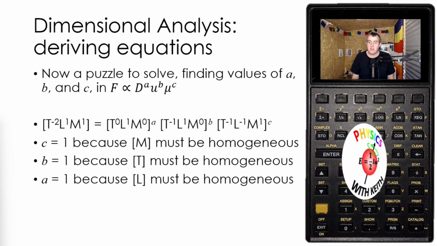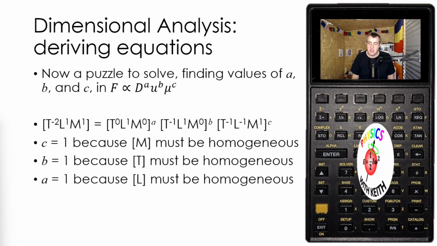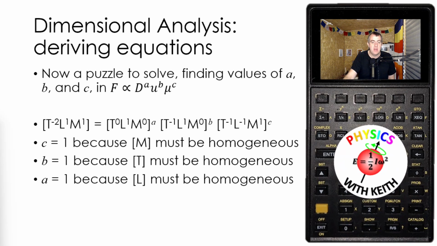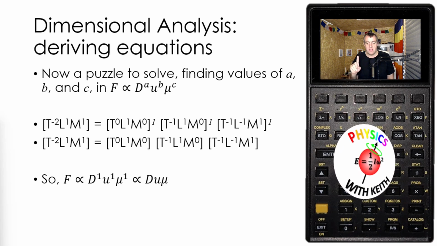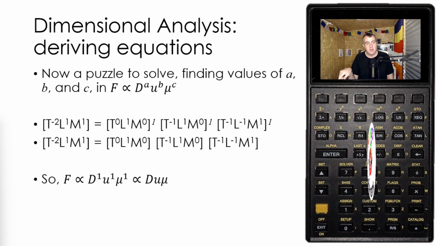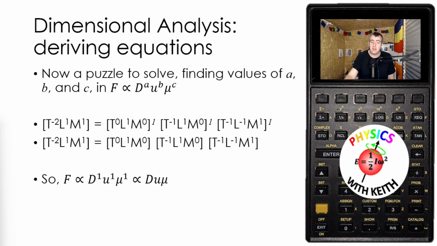First of all, let's look at mass, because mass only appears on the term with the power C on the right-hand side. And so C equals 1, and then just unravel all the rest of them. And the equation therefore looks like this. That's interesting. So now it looks like the drag force is proportional to the speed. But before, it looked like it was proportional to the speed squared.